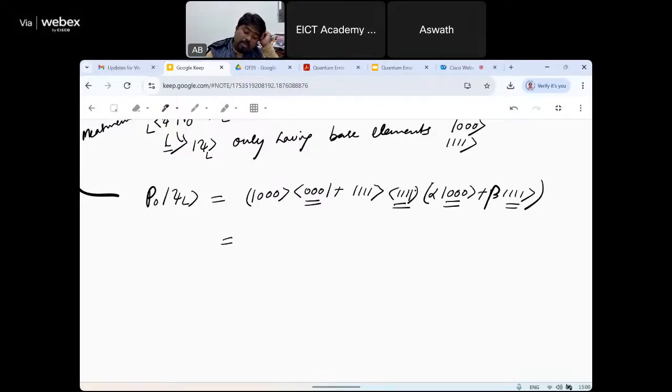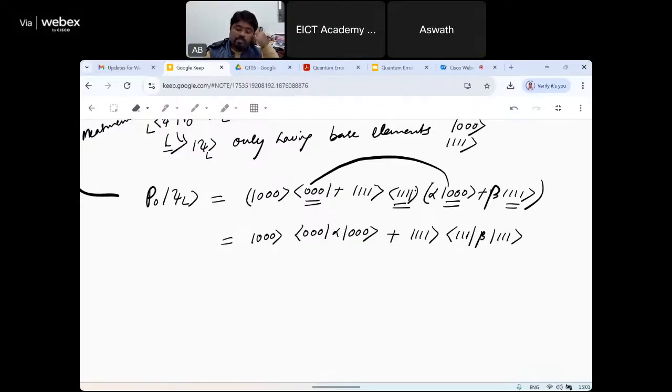The terms we get are where the inner product between this and this is 1. So I would get alpha. If you want, I can write it explicitly: 000 alpha 000 plus 111 beta 111 from the 111 outer product.